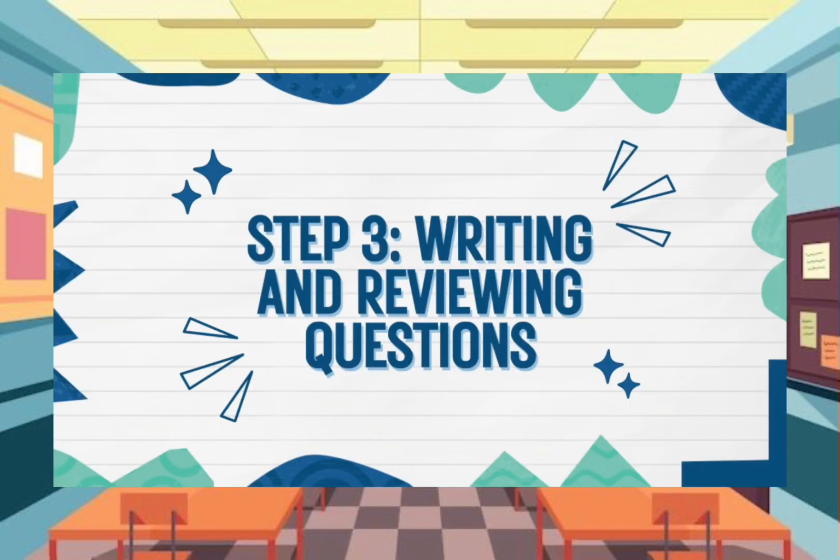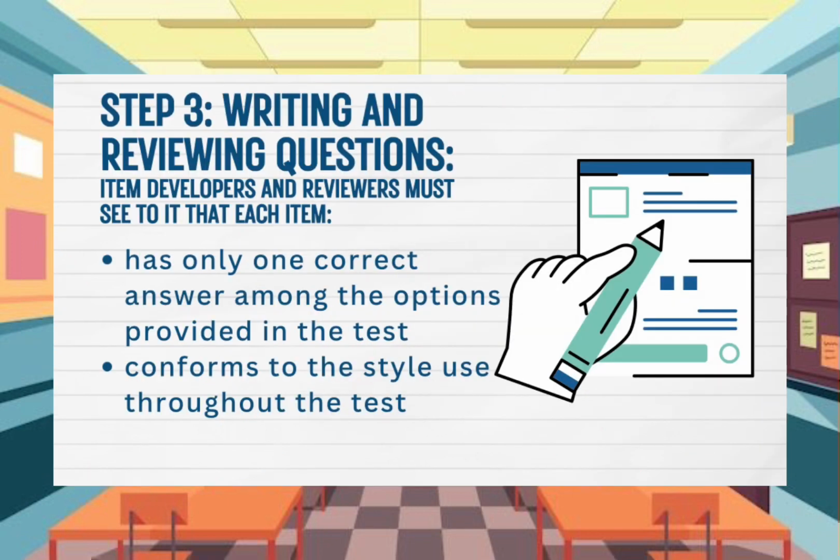Step 3. Writing and reviewing questions. Item developers and reviewers must see to it that each item has only one correct answer among the options provided in the test. Because if the item has 2 or more correct answers, therefore the test is not reliable and not valid.